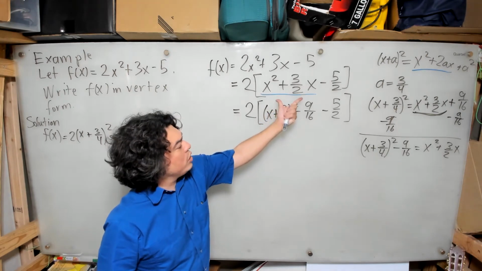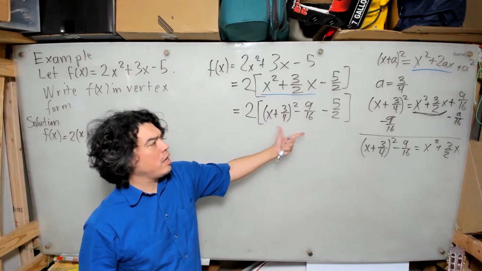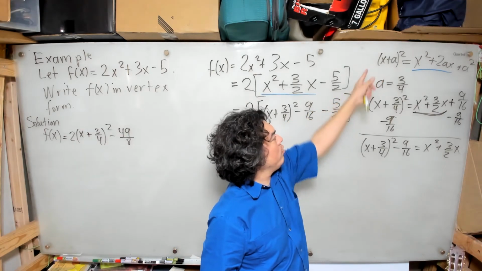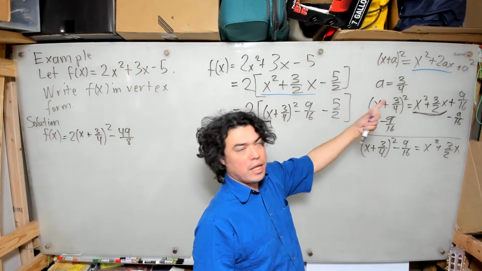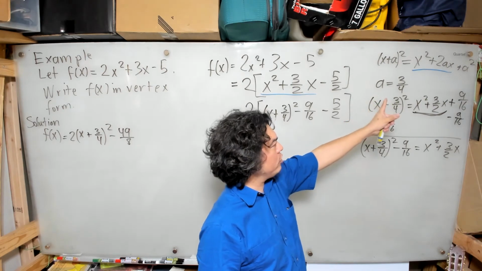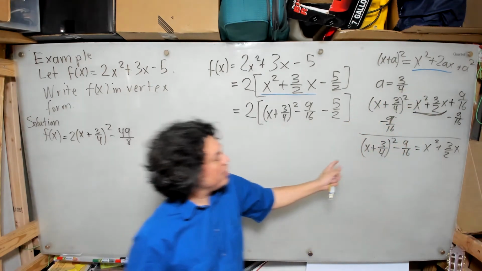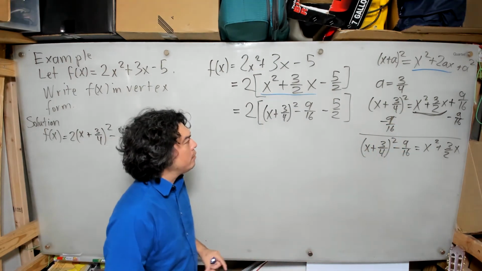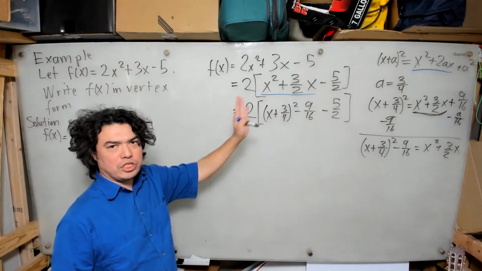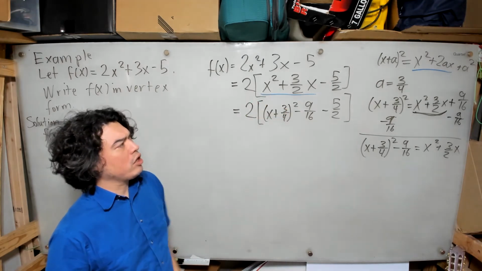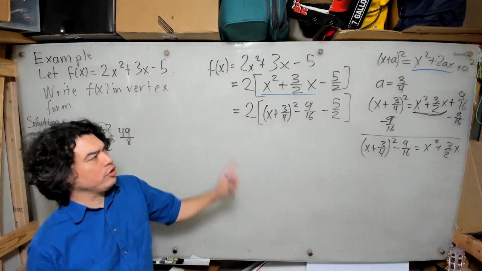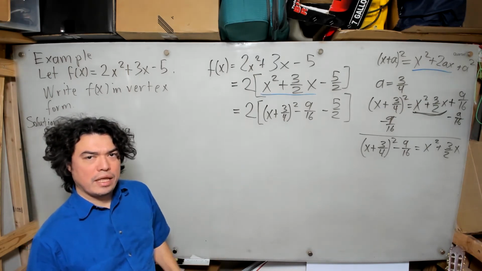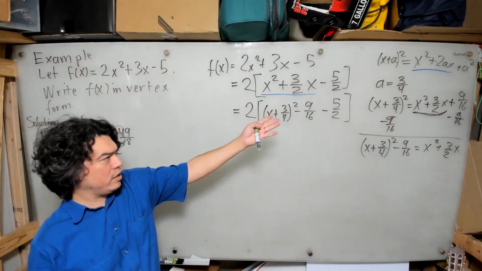This was replaced with this. And this expression came from this identity, right? When we found the a that made the first two terms match, we were able to find this identity. And again, as I've mentioned before, you can always calculate that identity from first principles. You can just take x plus a times x plus a, distribute it, and then you get this identity.